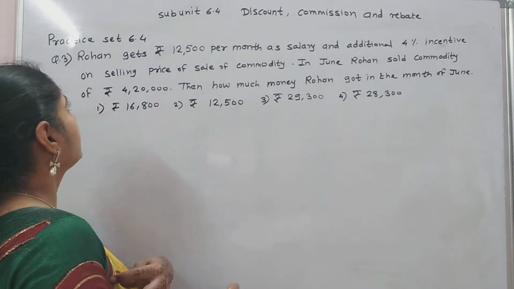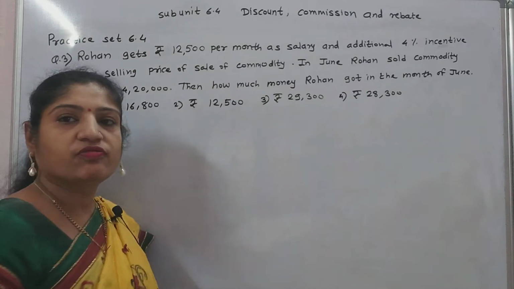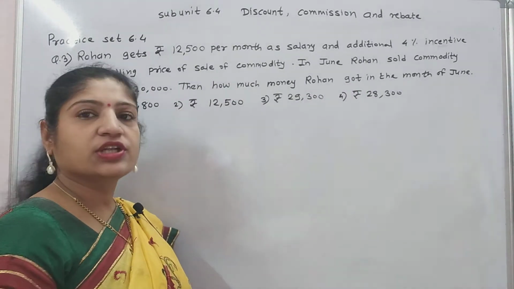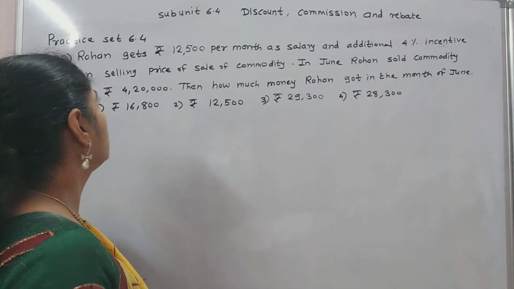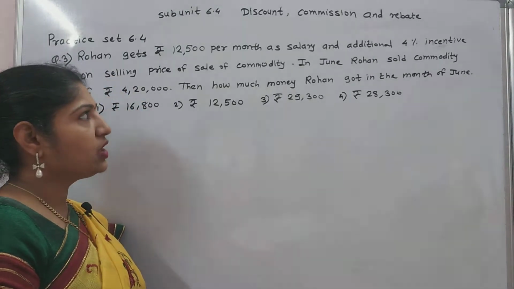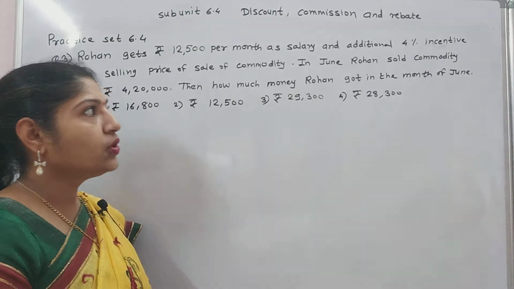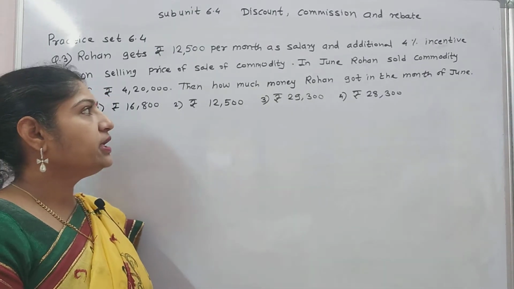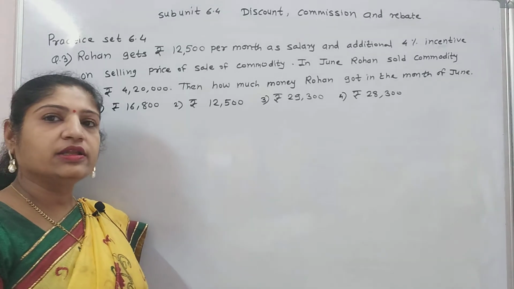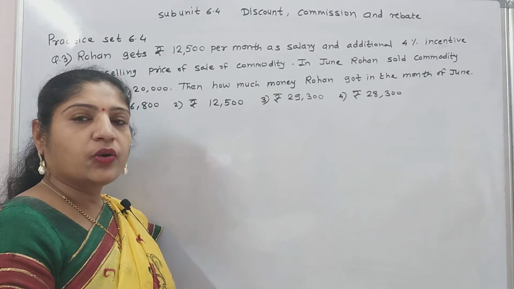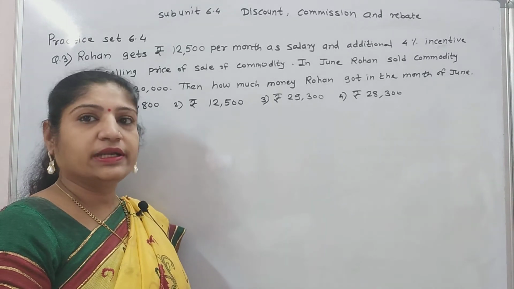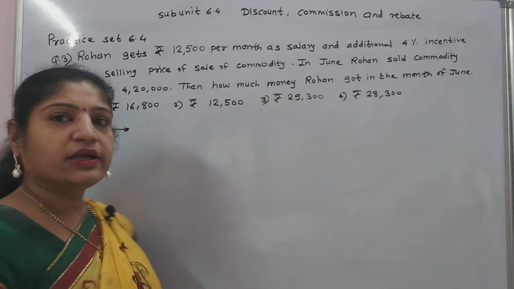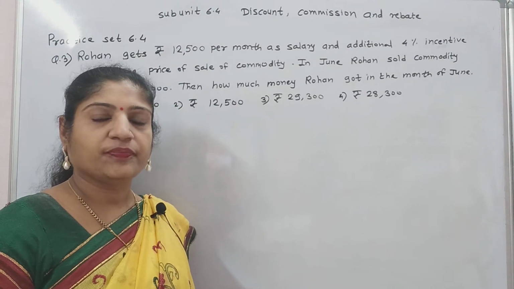Next example. Rohan gets 12,500 a month as a salary and an additional 4% incentive on the selling price of the sale of commodity. In June, Rohan sold commodity of rupees 4,20,000. Then how much money does Rohan get in the month of June? Rohan gets the salary plus incentive. So first of all, we have to calculate the incentive, that is the commission.